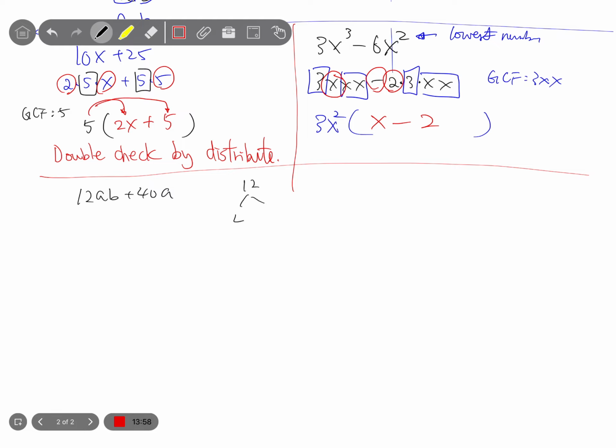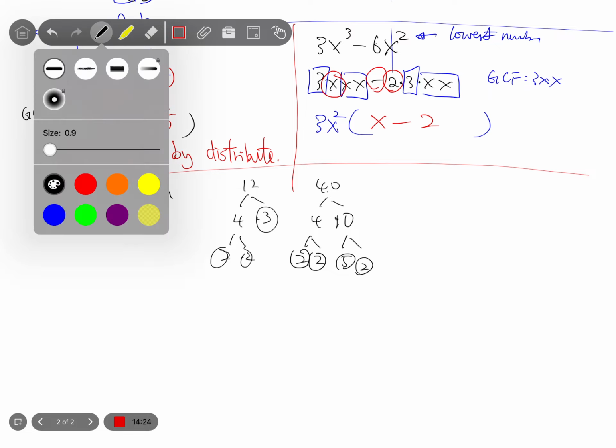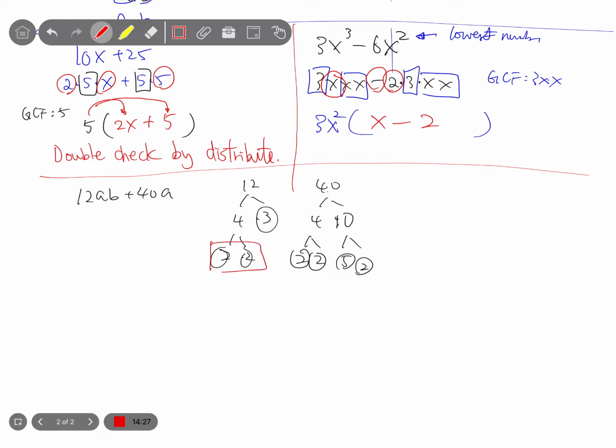So 12 is 4 times 3, and 4 is 2 times 2, and the 40 is 4 times 10, which is 2, 2, and 5, 2. So the only thing they have in common is the two 2s. So GCF for the number is 4.